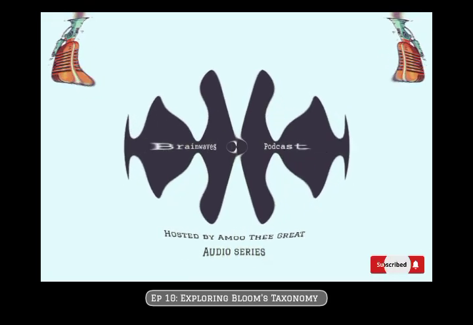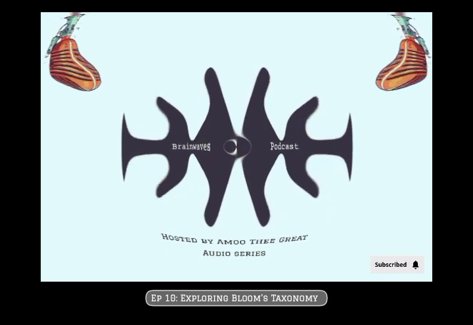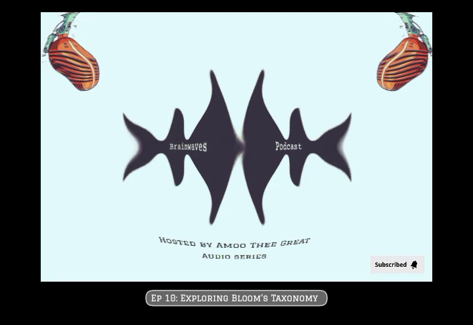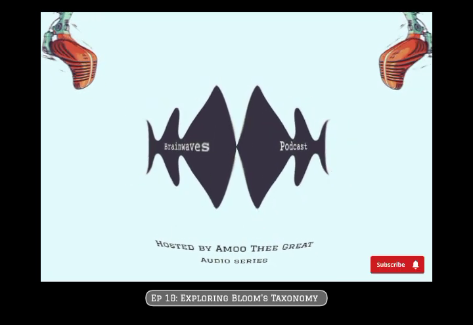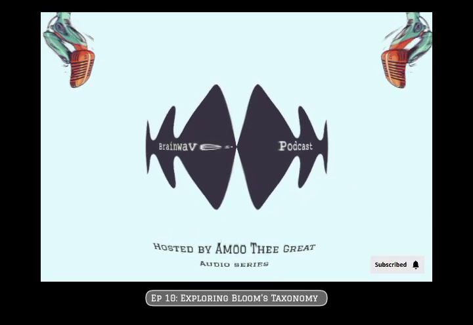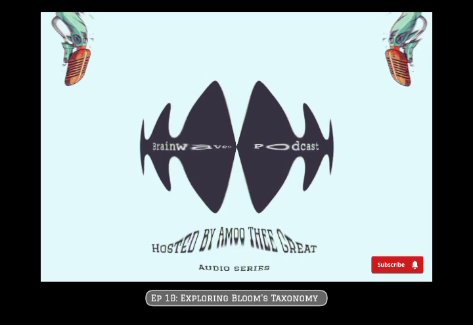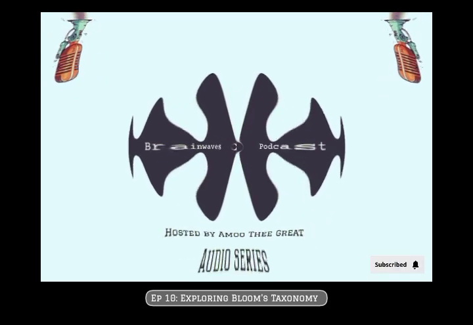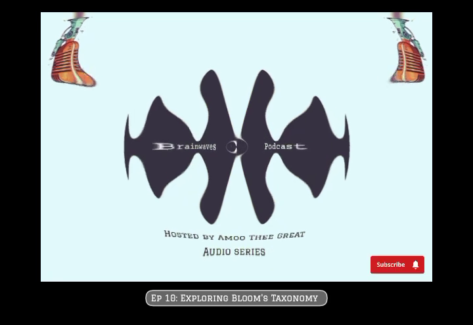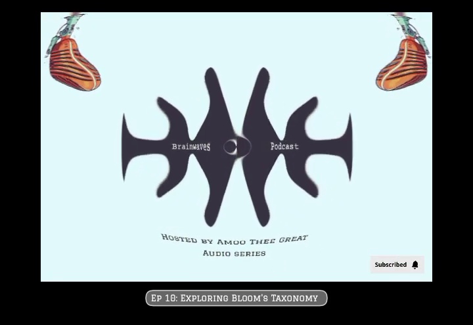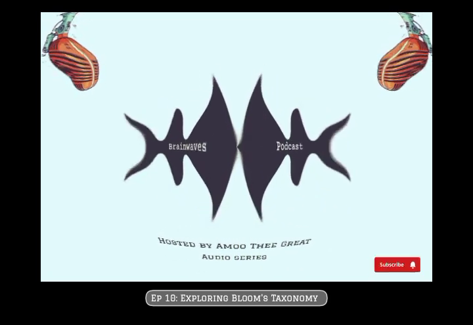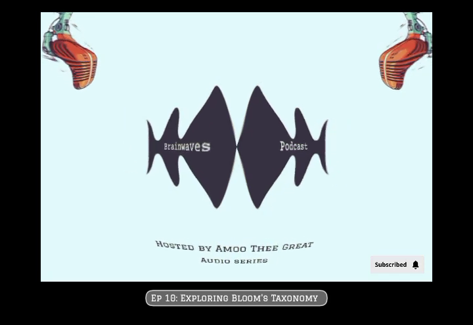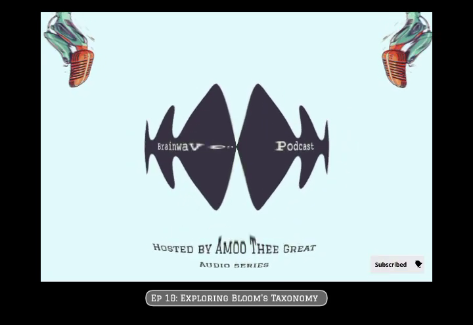For students, set study goals using the taxonomy. For example, today I'll focus on understanding this concept. Tomorrow, I'll practice applying it. Use higher order thinking questions to deepen your learning. Ask yourself, how does this idea connect to other topics?